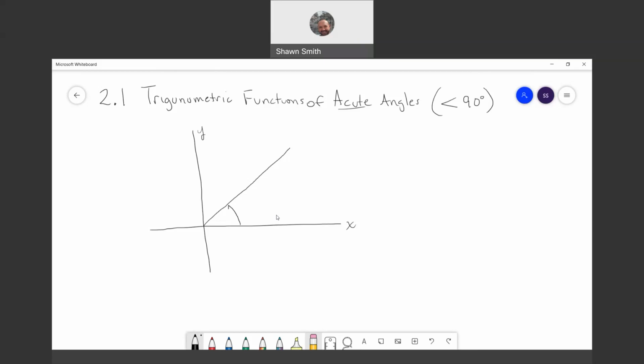And this right here, let's call it theta. Let's make a right triangle out of this. All right, so triangle ABC has a value of theta in here equal to who knows what number.